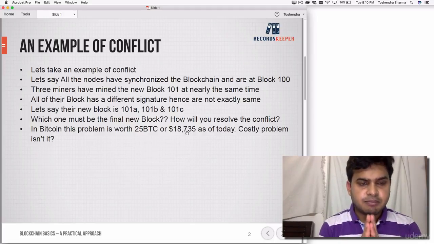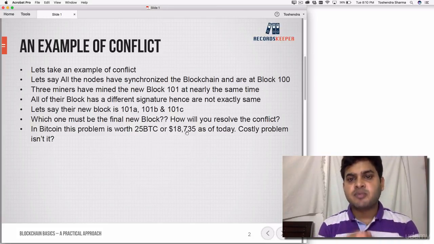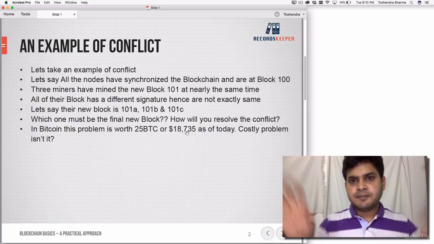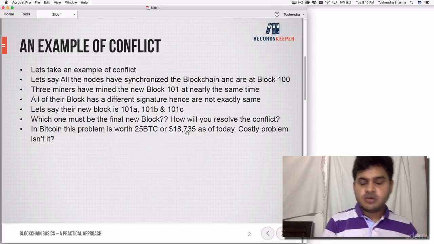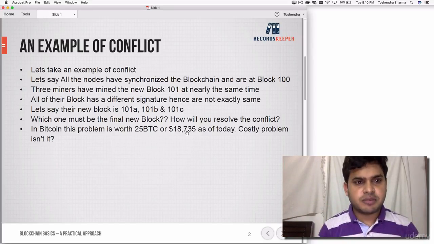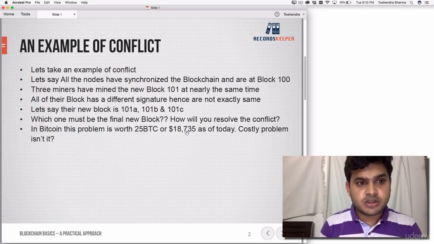Let's take an example of conflict. All the nodes have synchronized the blockchain and are at block number 100. Everybody has the same copy from block 1 till block 100. There are three miners in the network.